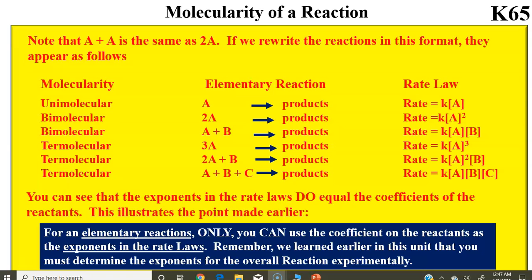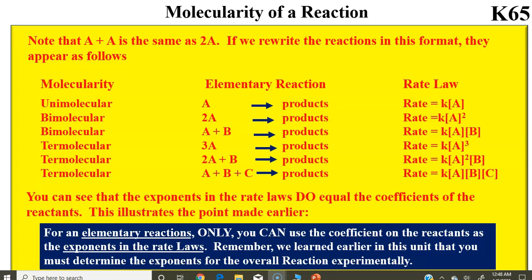Therefore, that coefficient 2 becomes an exponent in the rate law. Again, if it's an elementary step, you can use the coefficient of the reactant as the exponent in the rate law. So rate equals K times the concentration squared. If you have a bimolecular reaction between two different reactants, A plus B to products, then the rate equals K times the concentration of A times concentration of B. If you have a termolecular reaction, all with the same reactant, so it's A plus A plus A, that can be written as 3A, and so the rate equals K, A to the third power.